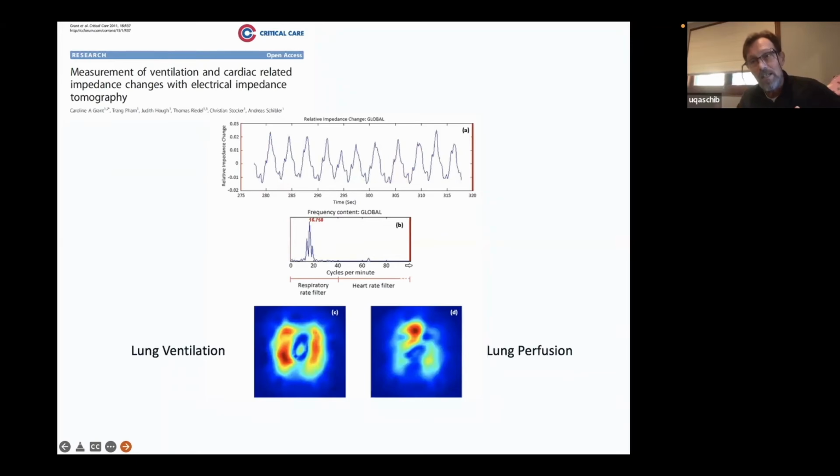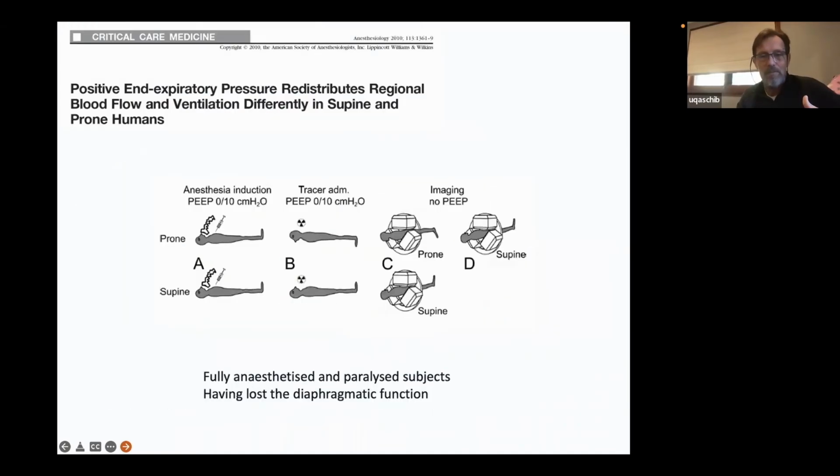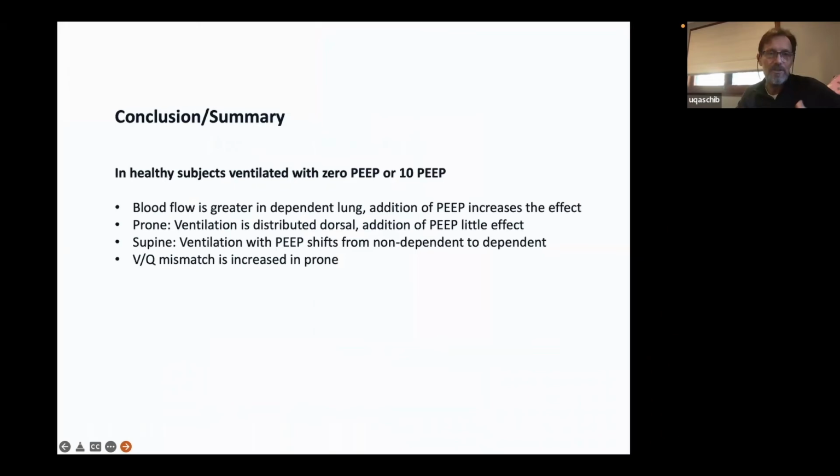We can actually tell as well where ventilation is distributed and where lung perfusion is distributed. Unfortunately, the ventilation companies and the imaging companies still haven't taken up the call for cheaper, easier technology. But without these tools, we can't fully predict where ventilation is distributed.